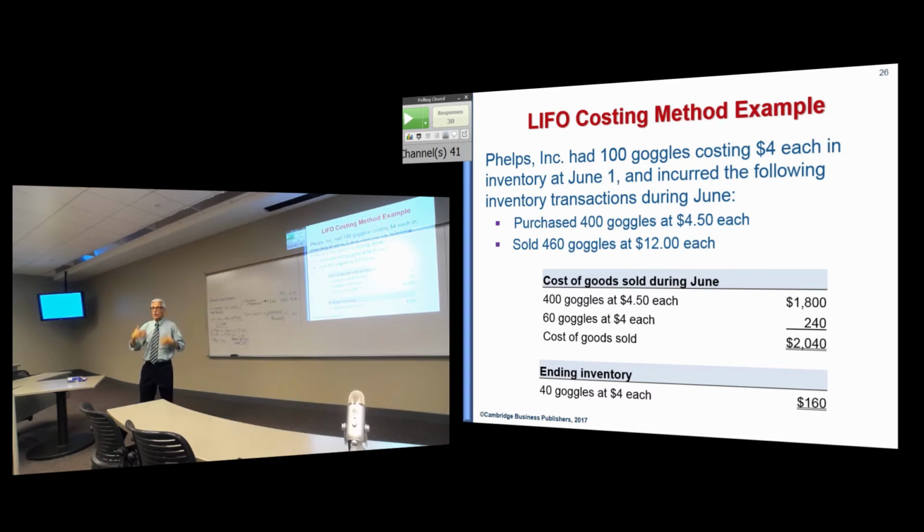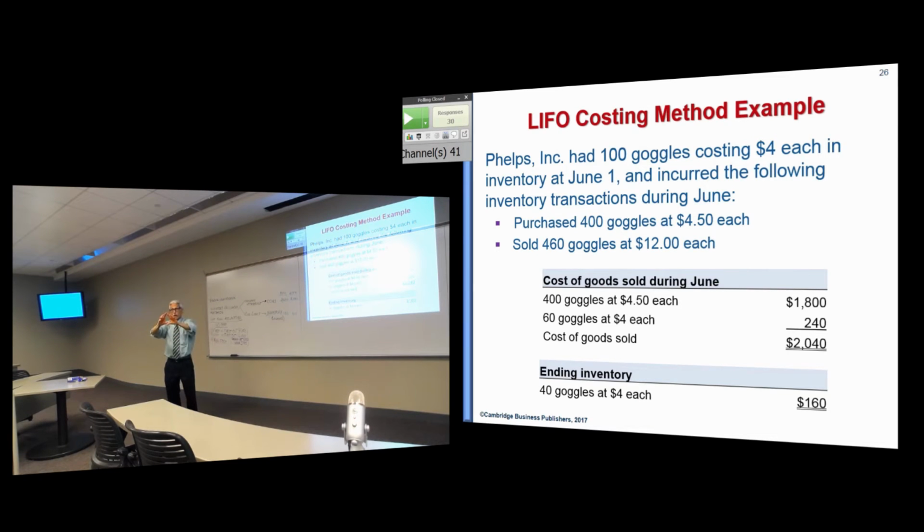If Ford is selling vehicles and prices are going up, do I better match with more recent cost or older cost to get my gross profit? What would give me a more faithful representation in the sense of my gross profit? Costs are going up as well as selling prices.